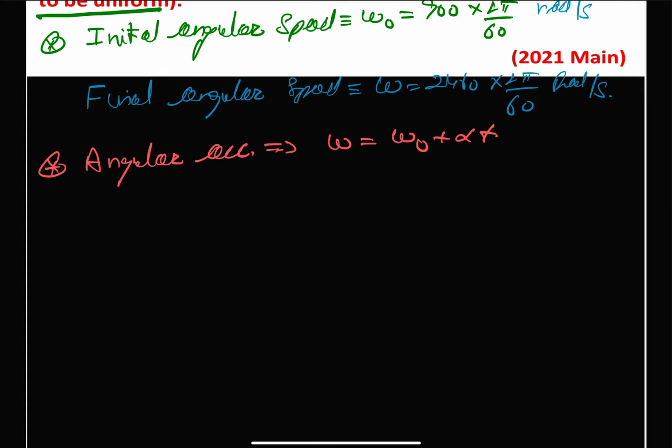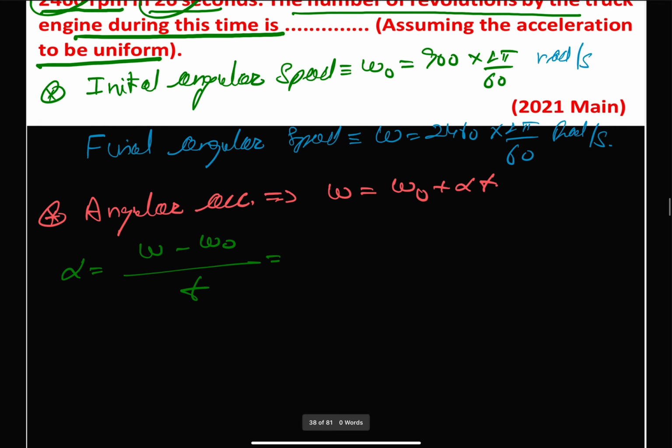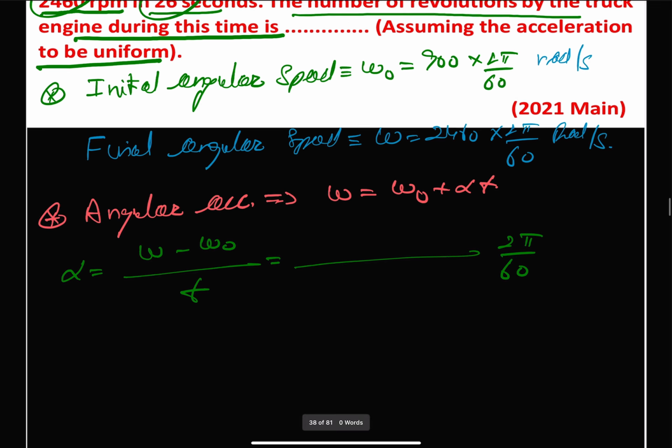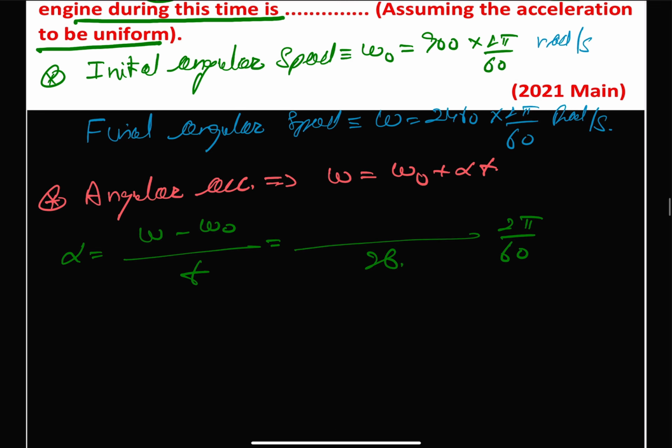So we get that alpha is equal to (omega minus omega naught) divided by t, and this comes as 2π/60, taking it as common, times (2460 minus 900) divided by the time, 26.